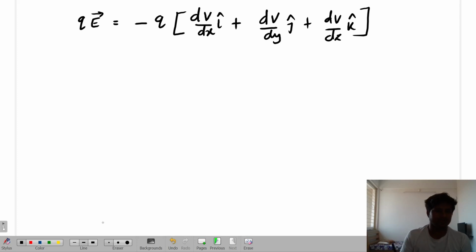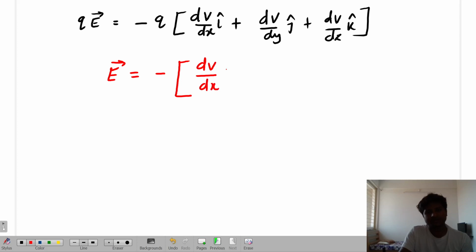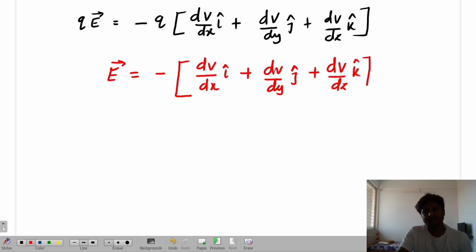V for potential. And that is why we give this formula, that electric field is also given as minus of (dV by dx i cap plus dV by dy j cap plus dV by dz k cap), which is nothing but minus of gradient of potential, isn't it?